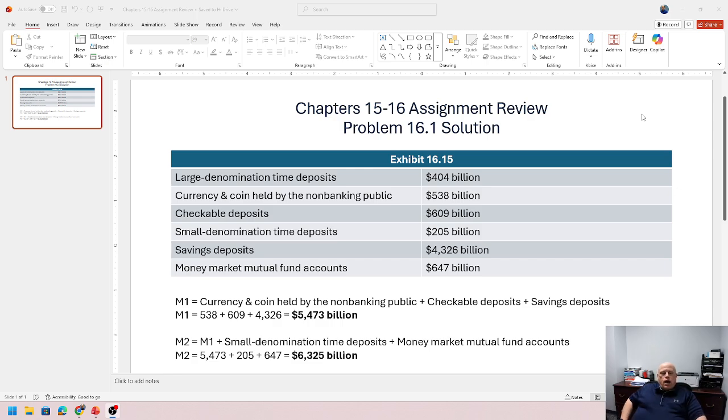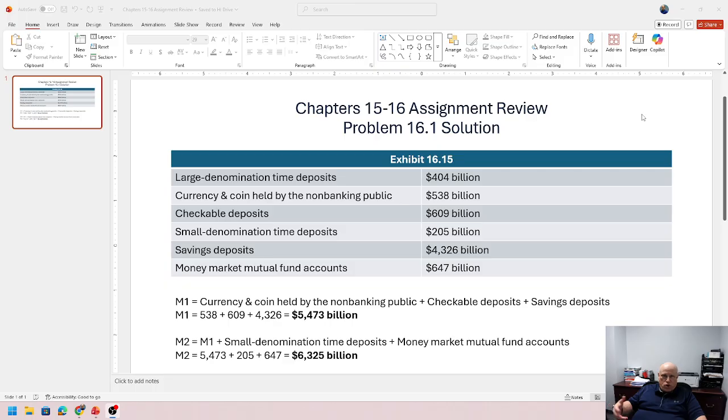All right? I think what tripped up a few of you, and actually several of you, is that you relied way too much on AI to do this problem for you. And the problem with using AI in this particular case is that the definitions for M1 and M2 money recently changed.